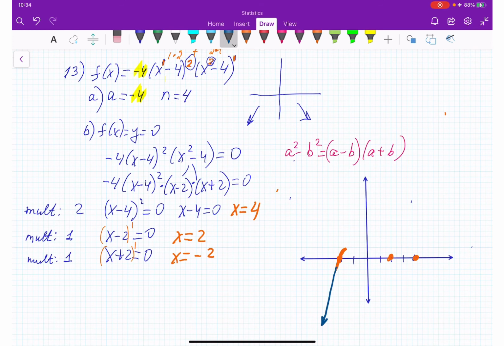Next, 4. Again, my end behavior is down, so it's going to cross like this. Okay. Now let's figure out what's going to happen to intercept 2. This is 2, this is negative 2, this is 4.